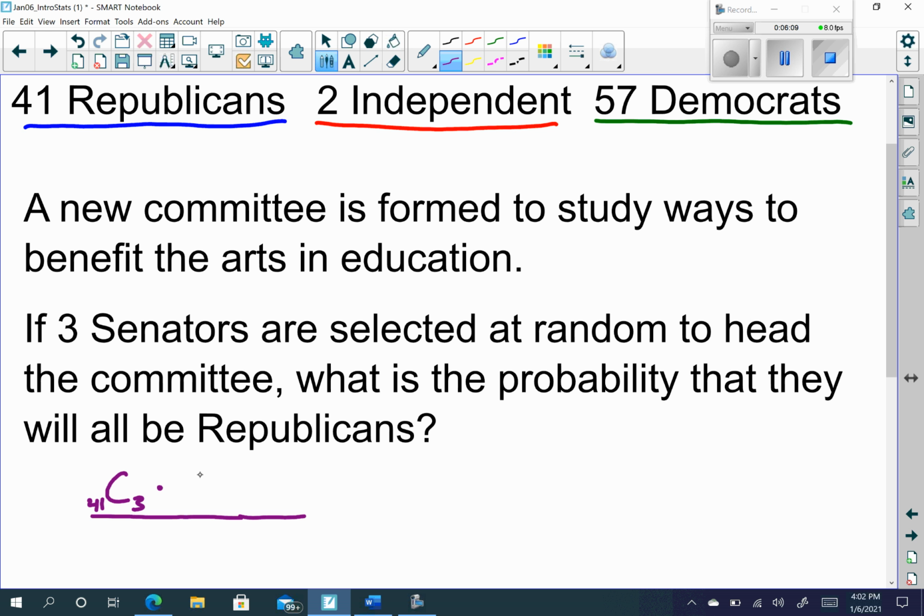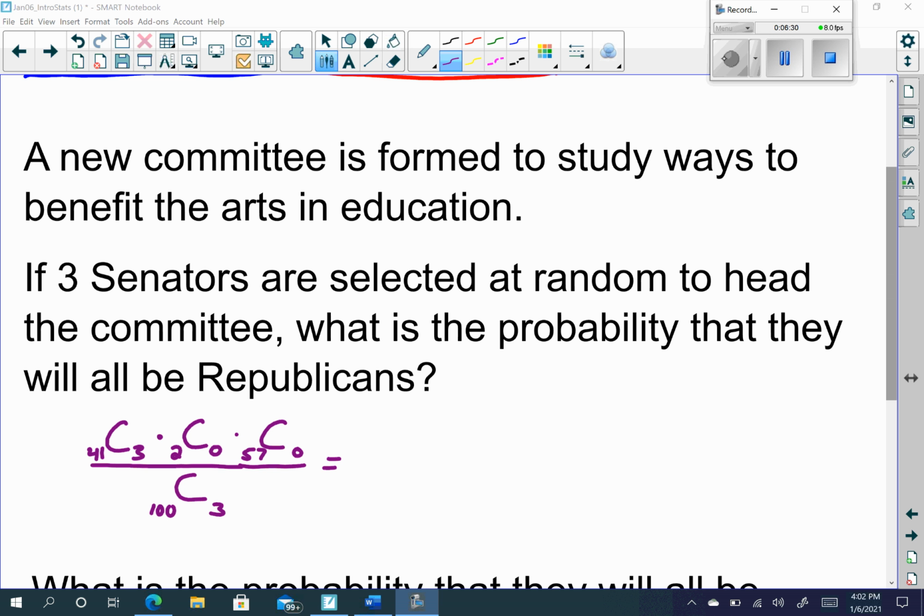So you don't necessarily have to write them, or we could say from the 2 independent, pick 0. From the 57 Democrats, pick 0. But then this would all be over if we totaled 41, 2, and 57. That's 100. And then choose 3. So go ahead and calculate that.